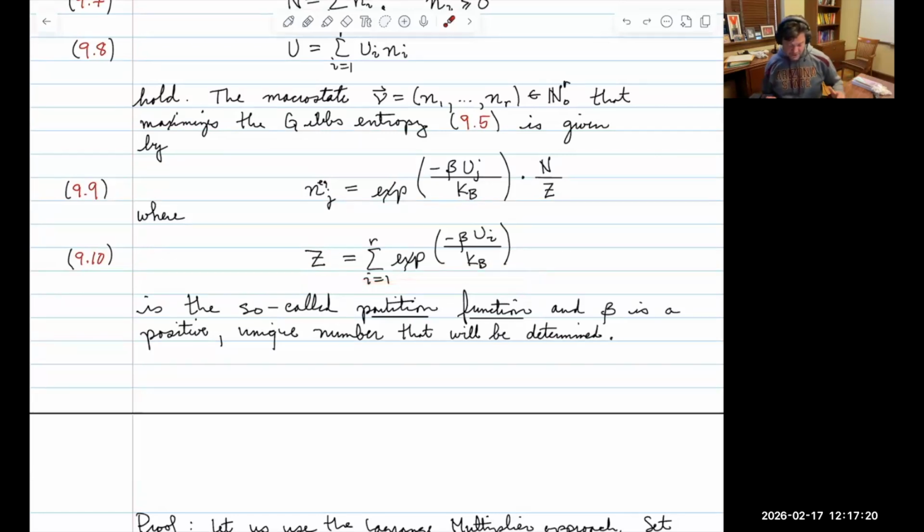The partition function is a unitless number. Once I fix the energy levels and beta and k Boltzmann, then of course this has to be unitless, because we're taking the exponential of something, so that when I take the exponential function, I also have a unitless number.